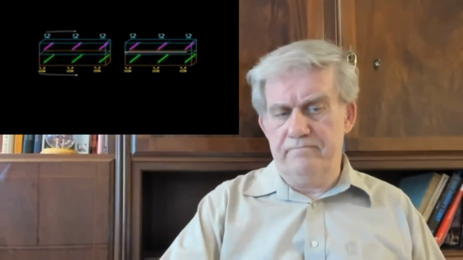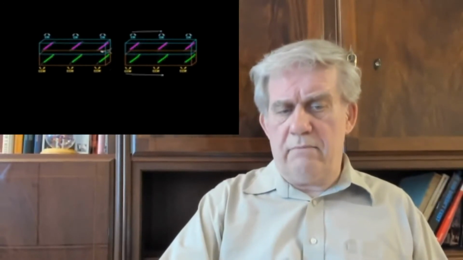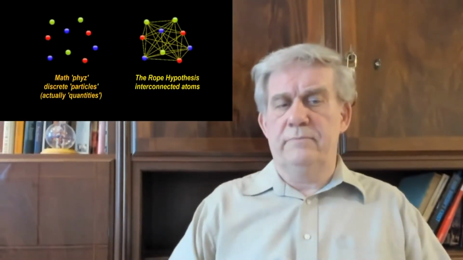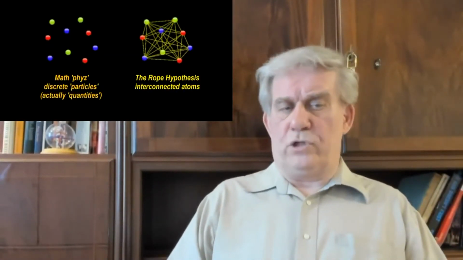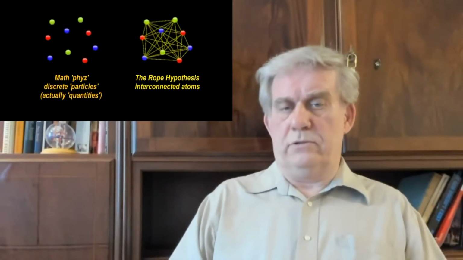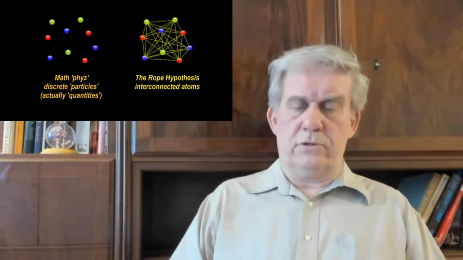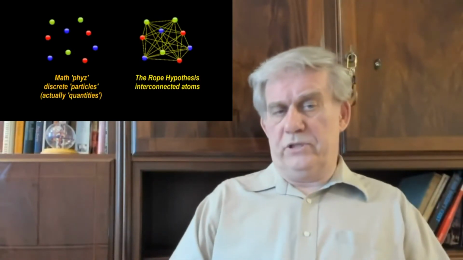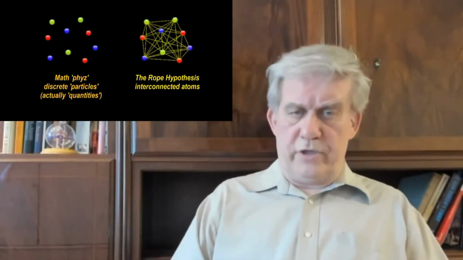That's the mechanism. And how does this differ from what is being suggested by mainstream? Well, mainstream proposes essentially that all atoms are islands. They're discrete particles. And not only atoms, but subatomic particles are also discrete particles. Whereas in the Rope hypothesis, all atoms are interconnected.